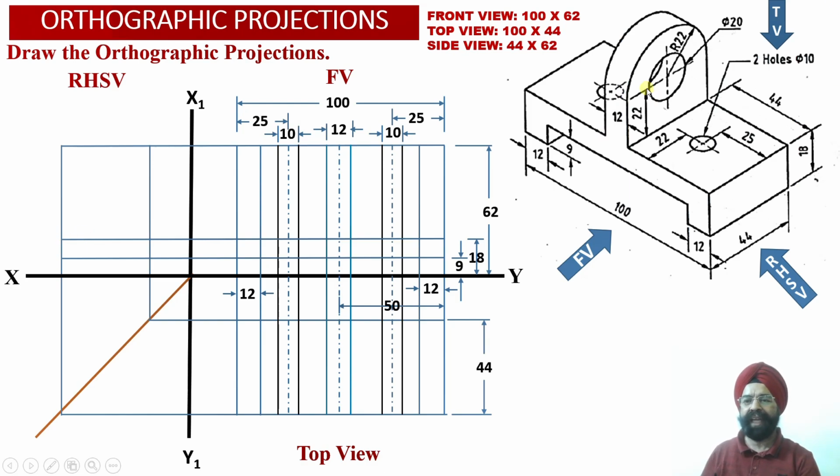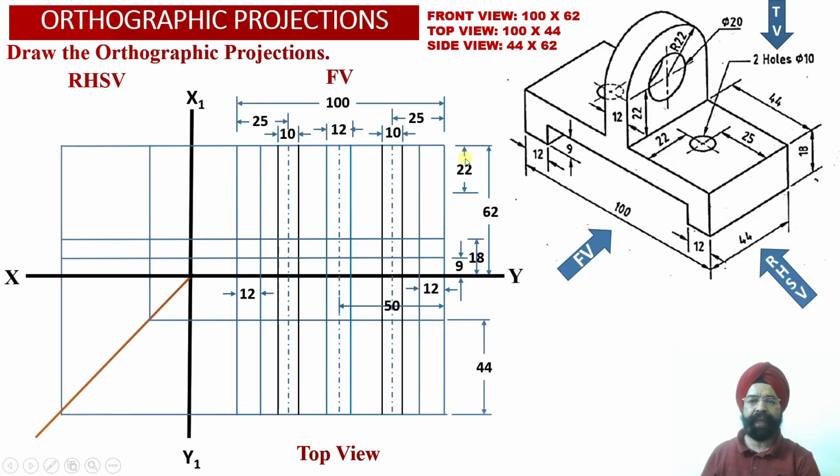Then we also know that this height is equal to 22 millimeter, and this semicircular radius is also equal to 22 millimeter. So from the top surface we are going to measure a distance of 22 millimeter, such that the center point of this bigger hole, which lies on this vertical element number 2, can be located appropriately in the front view projections over here.